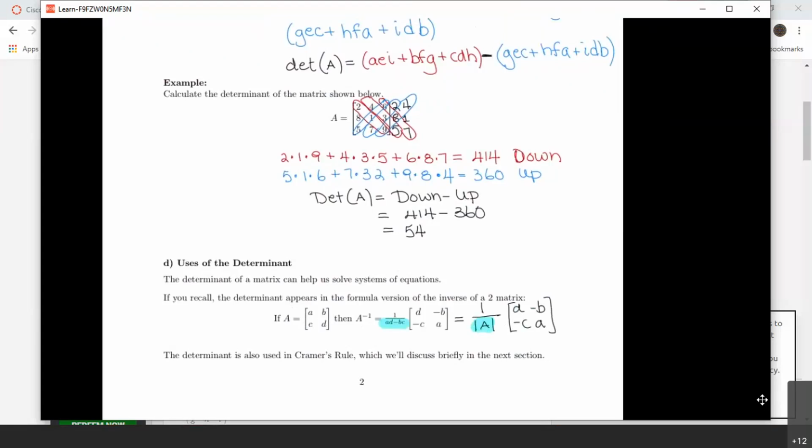It's also used in Cramer's rule, which is useful when you only need one solution of a system of equations. And you might say, why would I only want one solution? Well, suppose you have a system of equations and it's solved for all of the variables, say 3, 4, 5, whatever, and you want to tweak it to change one of them.